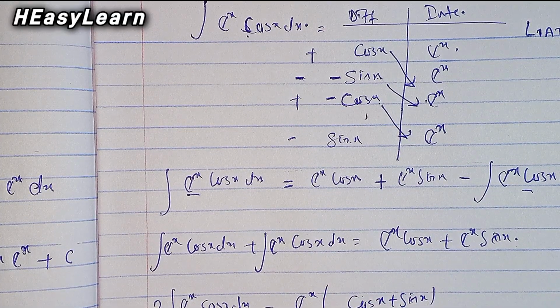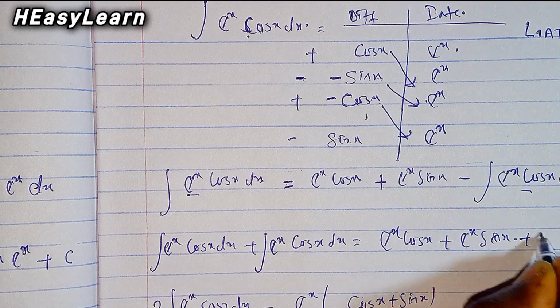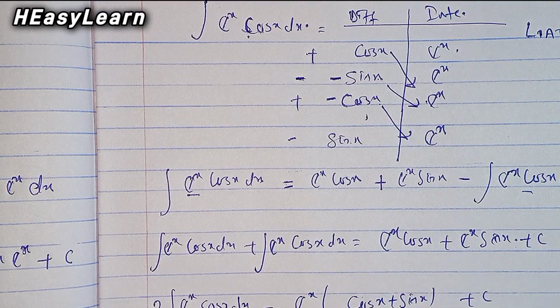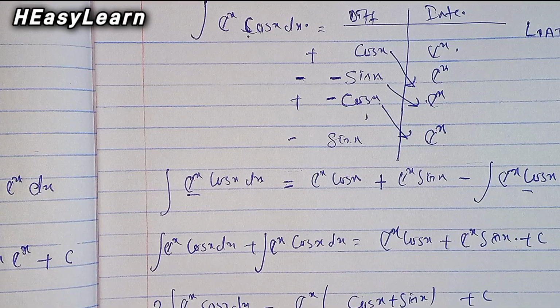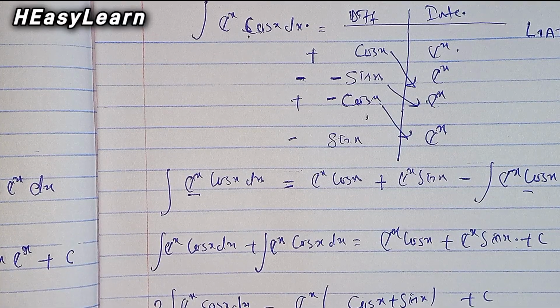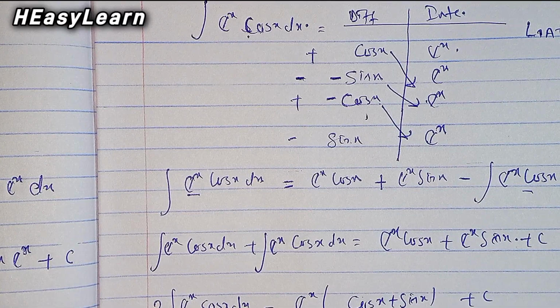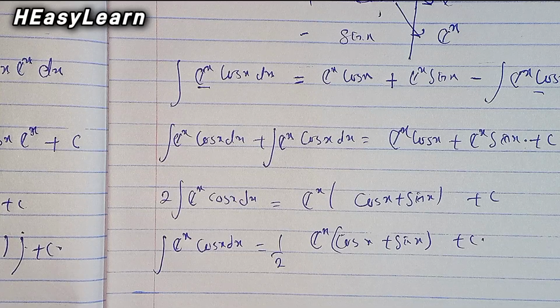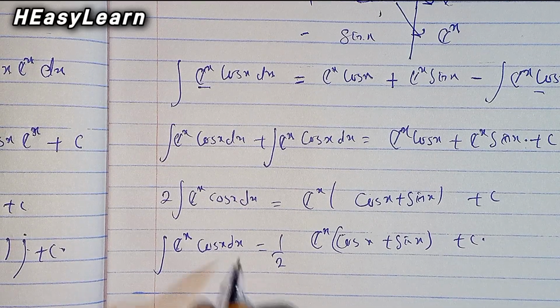This is half of exponential x, cos x plus sine x, plus the constant of integration c. So this is the integral of exponential x cos x dx.